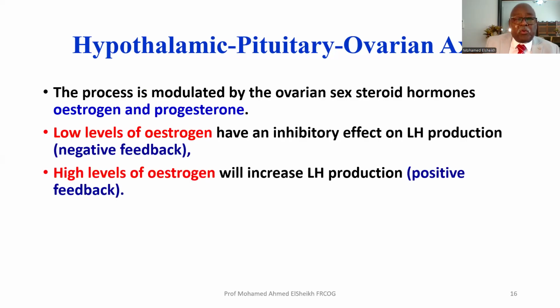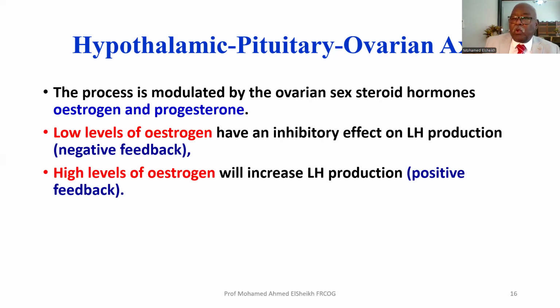So we go into the hypothalamic pituitary ovarian axis, a process modulated by ovarian sex steroid hormones, which are progesterone and estrogen. A low level of estrogen has an inhibitory effect on LH production, the negative feedback. That is, at the beginning of the cycle, there is a low level of estrogen.